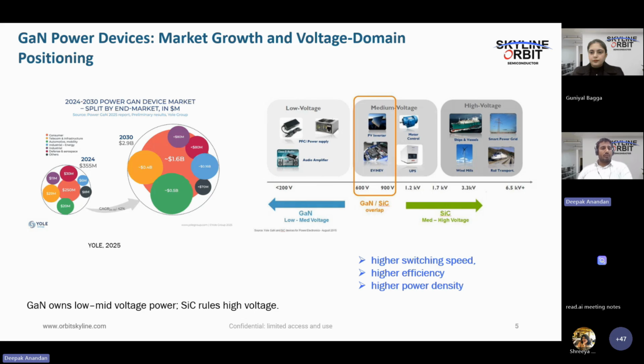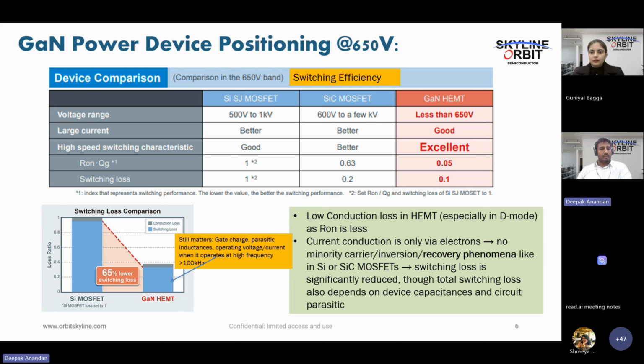Okay, so if you deeply dwell into the position of the 650 volt device market, comparing 3 different major technologies: silicon-based super junction MOSFET, which can be used from 500 volt to 1 kV; silicon carbide MOSFET, which is around more than 600 volt to several kV; and gallium nitride, which is less than 650 volt.